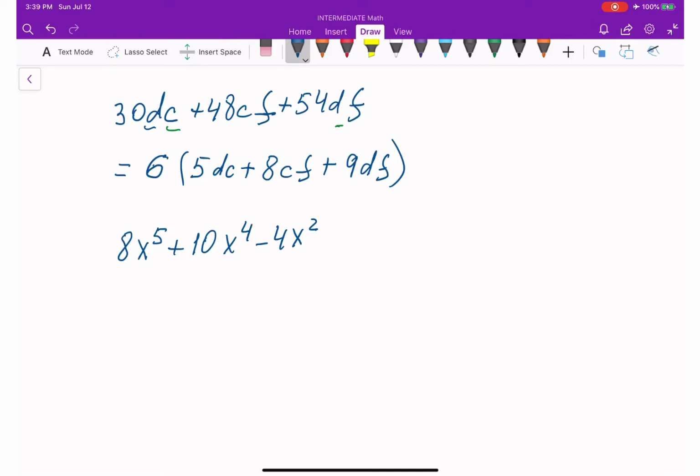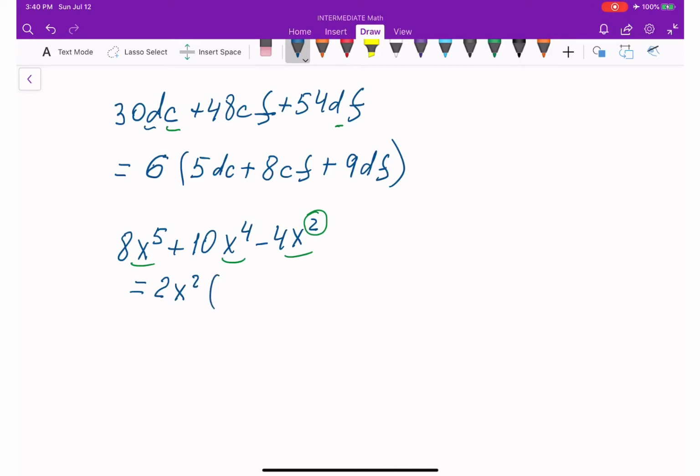So 8, 10, and 4. The greatest common factor is going to be 2. There is nothing more than 2 that all three can be divided by. Now, different stories: x^5, x^4, x^2. 2 is the smallest degree, therefore x to the power 2 is going to come out as a common factor.